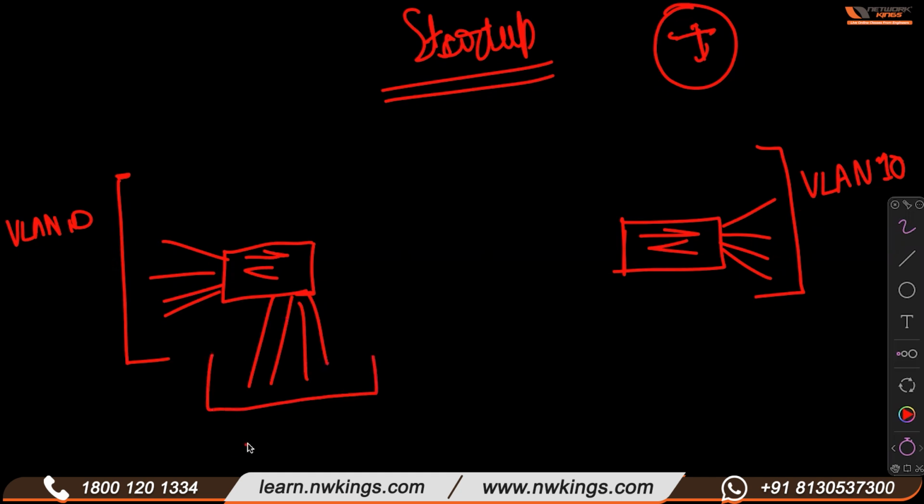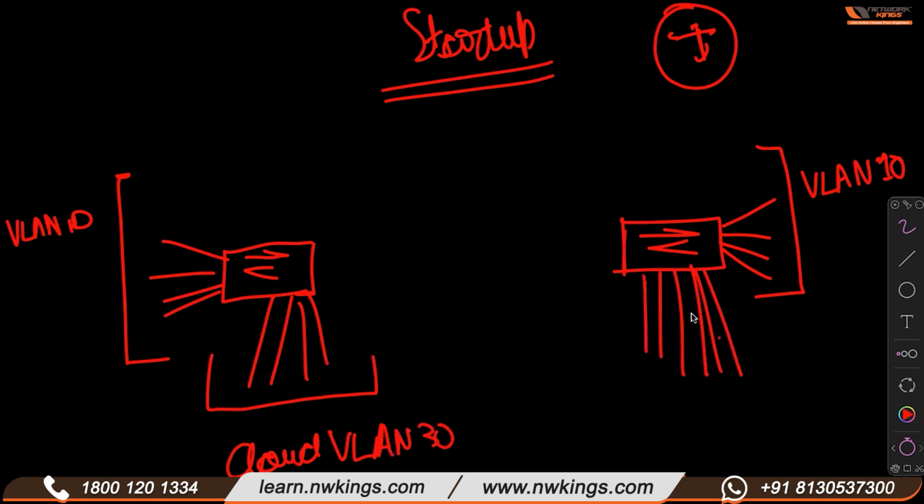So then over here you've got the cloud guys, which is VLAN 30, and over here you've got the security guys, and they belong to VLAN 20. Okay, so this is how it is going.